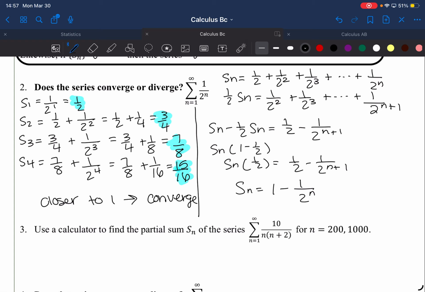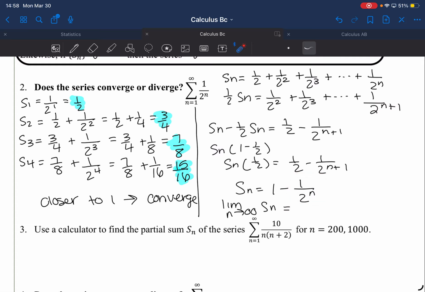And we know that we can rewrite the summation as a limit. So we can say the limit as n approaches infinity of s sub n is going to be equal to, and if we plug infinity here, which is on the denominator, that means this entire fraction is going to approach 0, right?